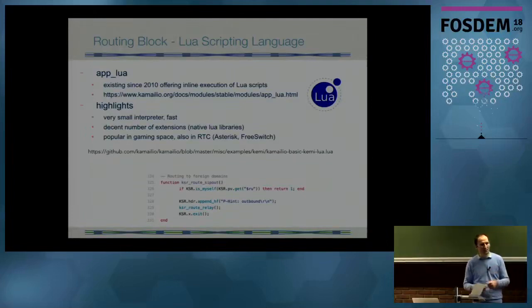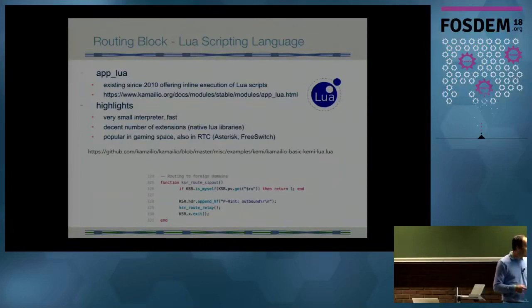It exists in FreeSWITCH and Asterisk, so Lua is eating the RTC world, more or less, in terms of scripting. It was added as an extension for inline execution about 8 years ago. It's a very small and fast interpreter. Sometimes you get it in pair with the equivalent C code that we implemented in native code.